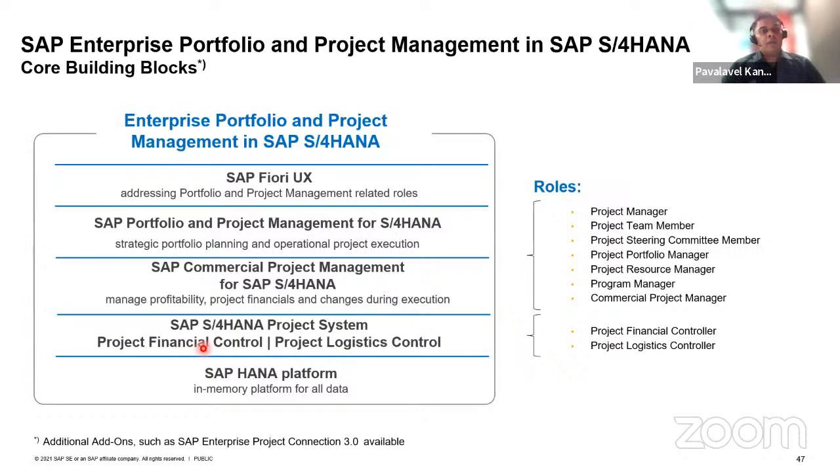And then the Fiori UX, based on your role, you get visibility of the information relevant for your role in the Fiori. So all these things put together form the EPPM, Enterprise Portfolio and Project Management in S4HANA. So these are a few roles which are available as part of the standard package. Based on these roles, you have applications and functionalities which you can perform in the system.